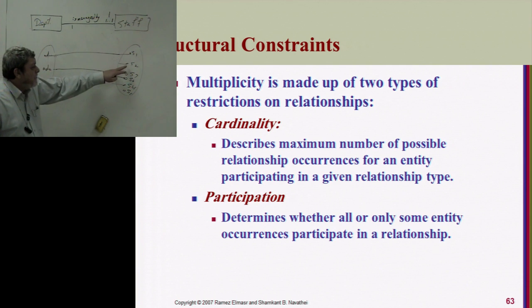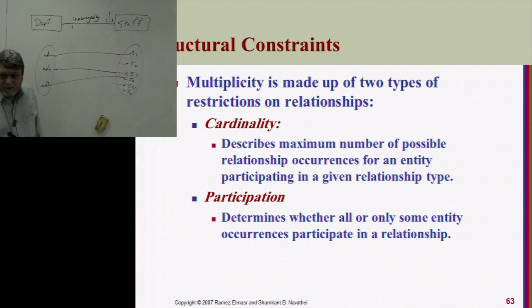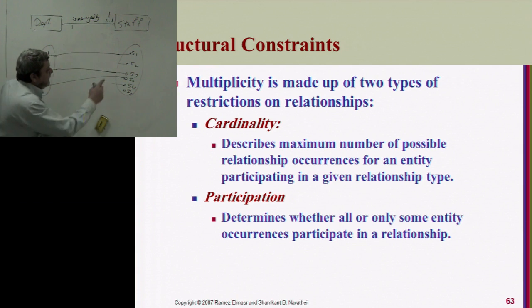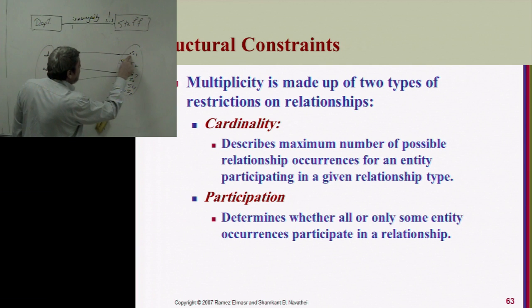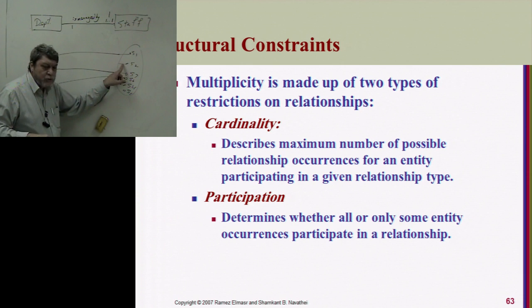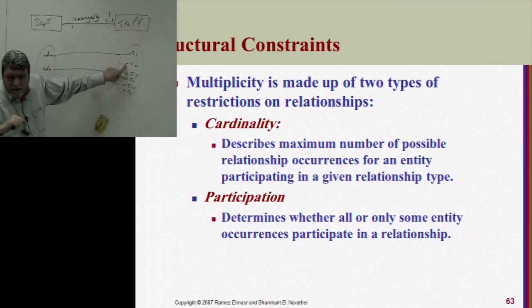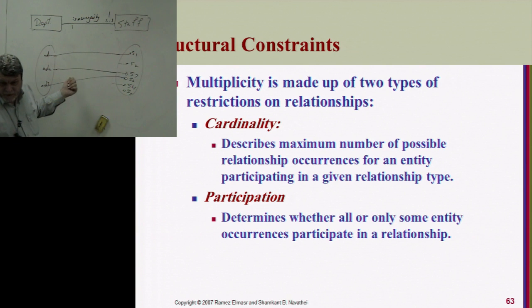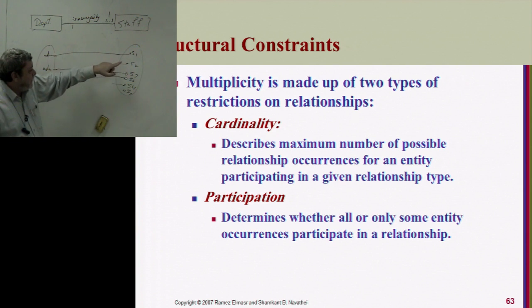So some of the staff are not managers. Some of the staff are just employees. So if I'm talking of S1, S1 is linked to one department as a manager, right? But how about S2? It's not linked. It's linked to 0 departments. So S1 is linked to one department, S2 is linked to 0 departments, right? So can S1 or any of these staff members be linked to more than one?